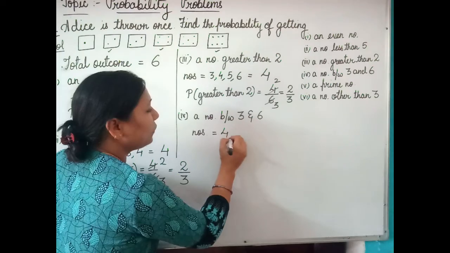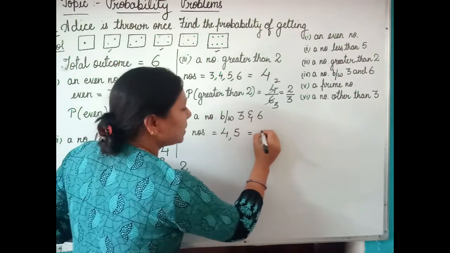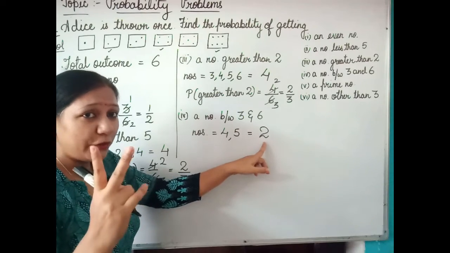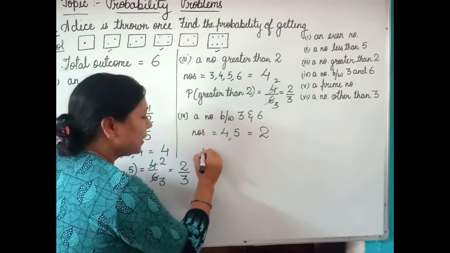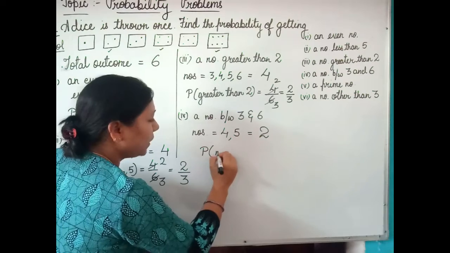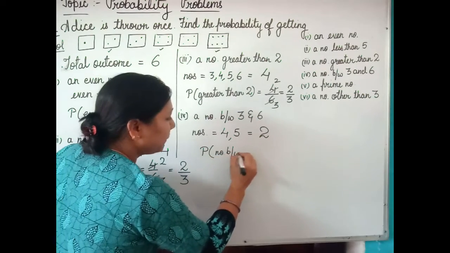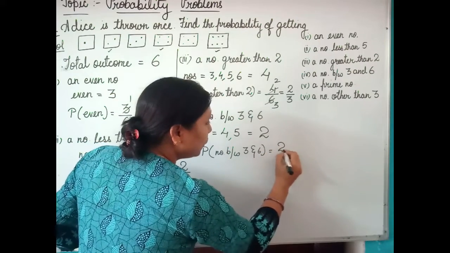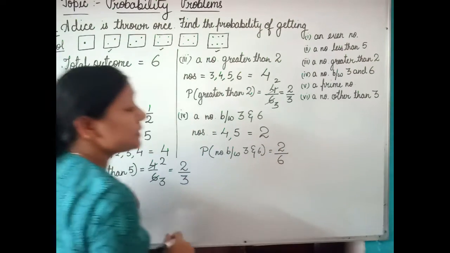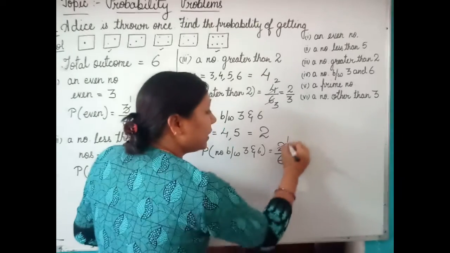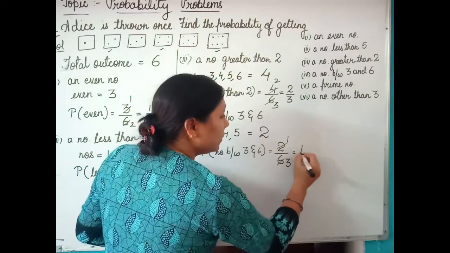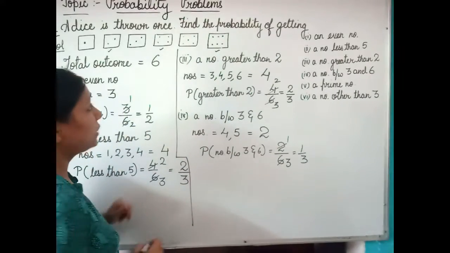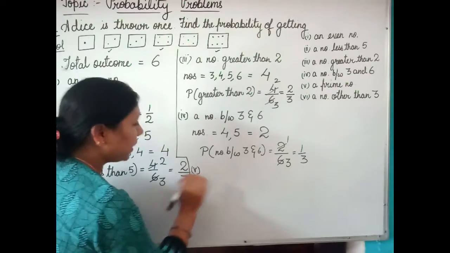The numbers are 4 and 5. That means the total number of favorable outcomes is 2. So the probability of a number between 3 and 6 is 2 upon total outcomes, which is 6. Simplifying here, you will get 1 upon 3. Clear?